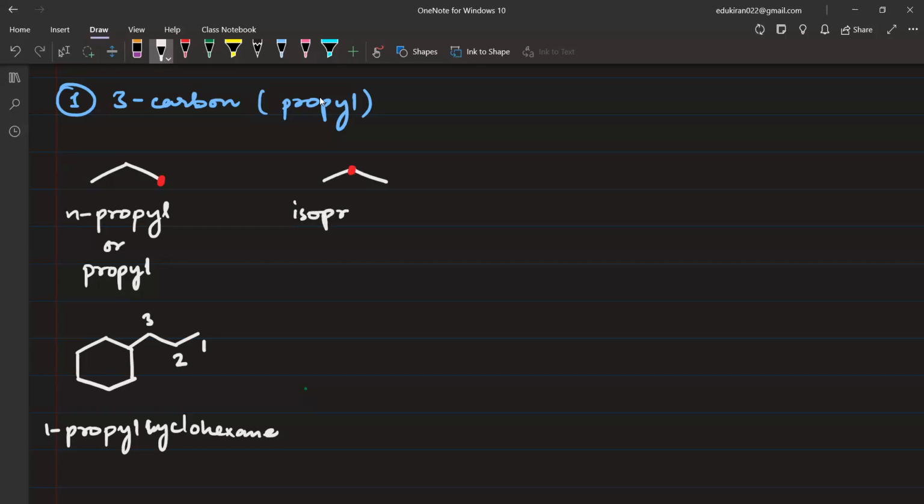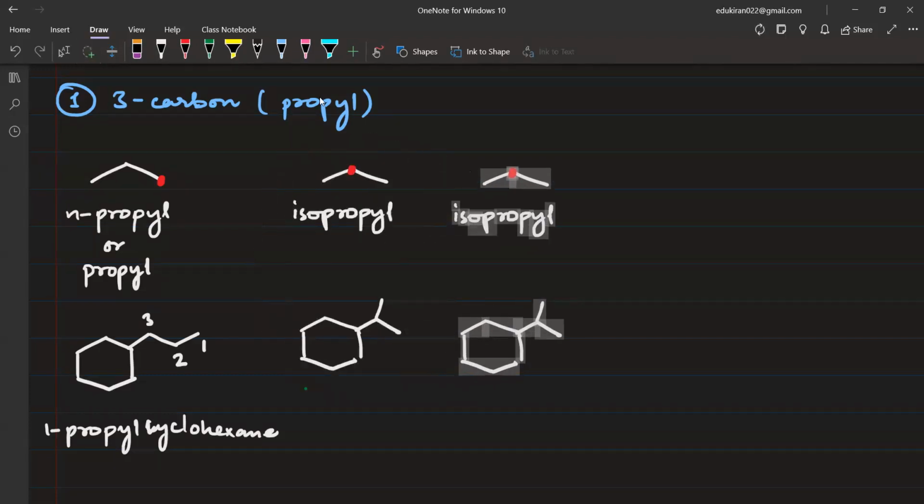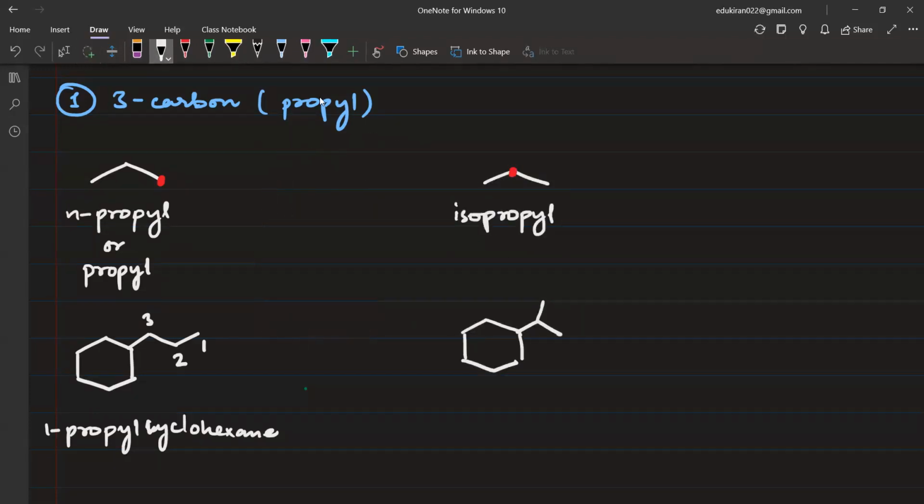Now this will be attached with the propyl group like this. Now this particular compound will become isopropylcyclohexane. We can add 1 here in order to number it.